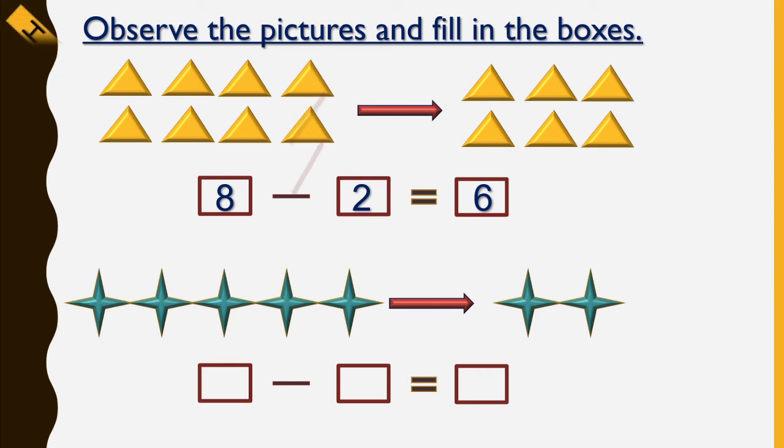Like this only you have to think about these pictures. Means you have to study these pictures first, then you have to think about how many were there earlier and how many are left now. And you have to decide how many were cancelled or how many taken away, like that. Okay, you have to fill these boxes. I hope you understood the concept of subtraction very clearly, right?